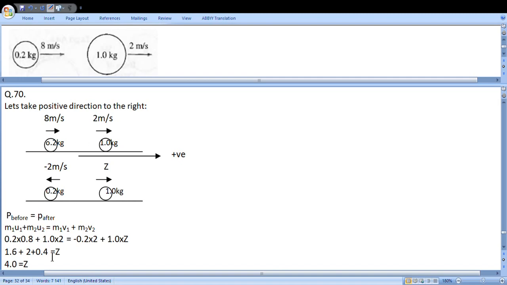Substituting values. By the way, here 0.2 kilogram by 8 meters per second is 1.6. Then it is correct.